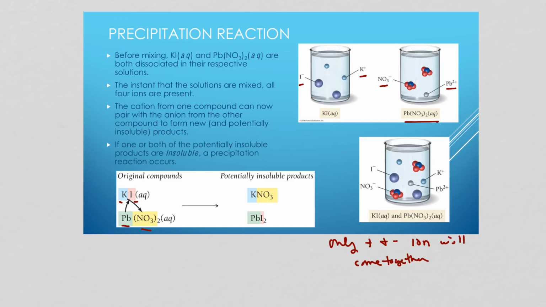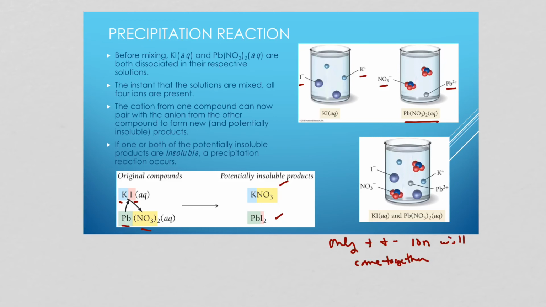If we do that, being careful to get the formulas right, remember these have to be neutral. Potassium is positive 1, it's going to combine with 1 nitrate, negative 1, to give you KNO3. And we have PbI2. Pb is a +2, I is -1, so we need 2 of them. So we want to make sure we write these in the correct formula. So now we have our potential products.